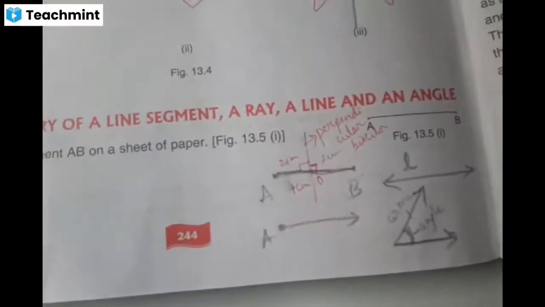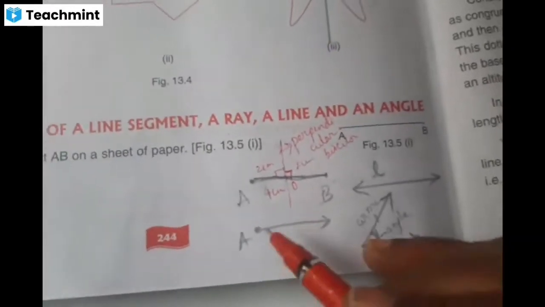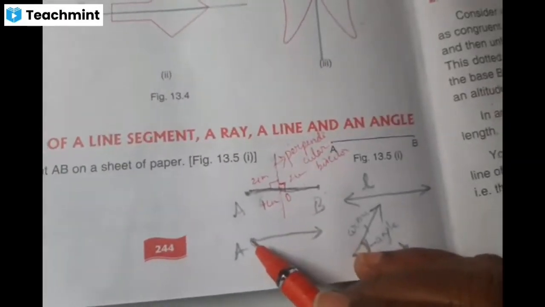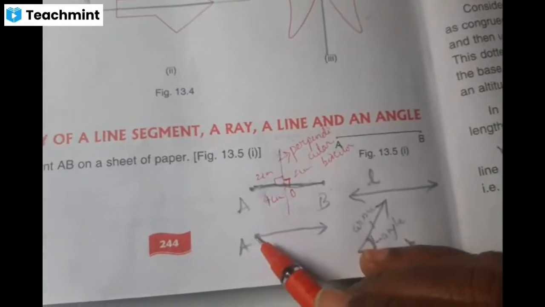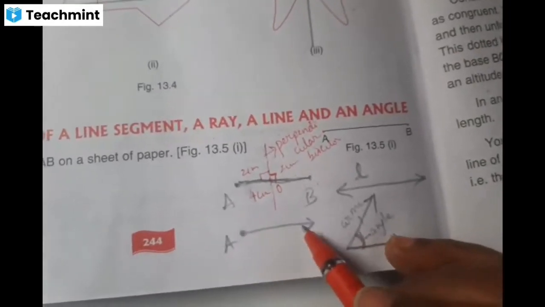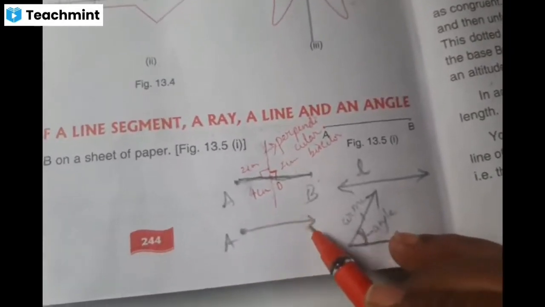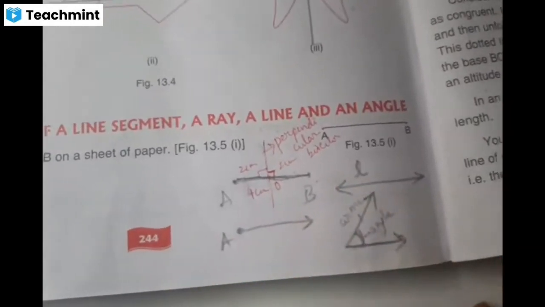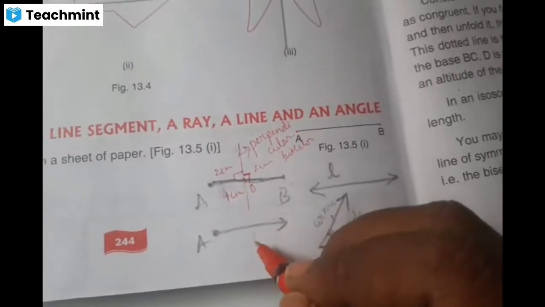But in case of a ray, we know one of the points is an end point, but the other end is extending endlessly. Endlessly means it does not have any end. We don't have any limit here, so we can't draw the line of symmetry.